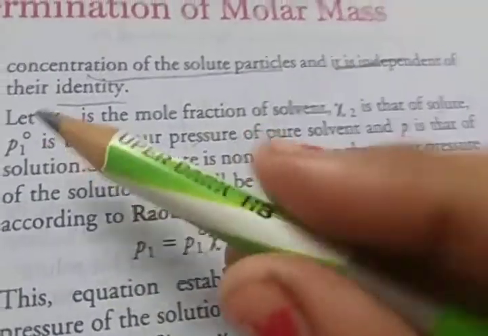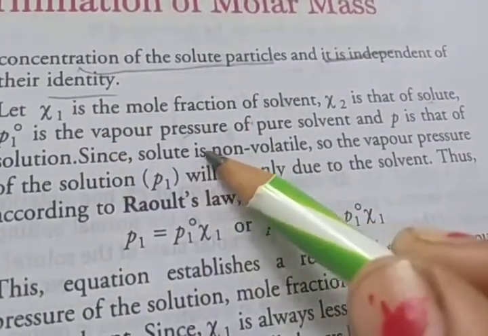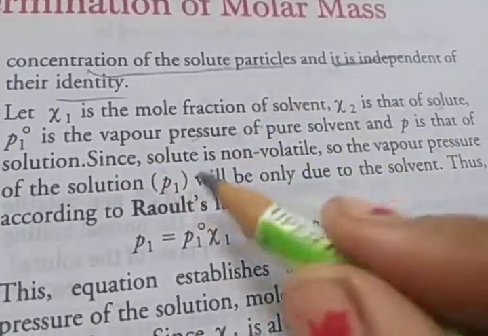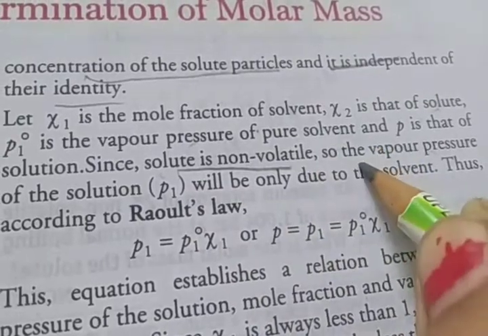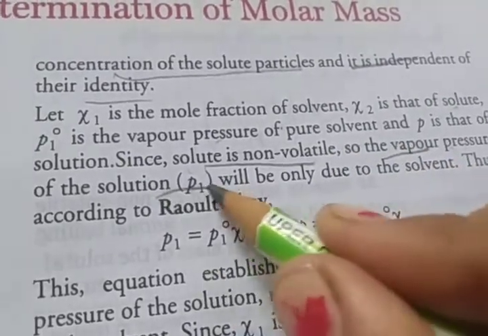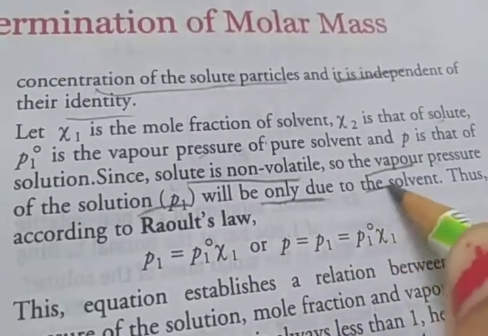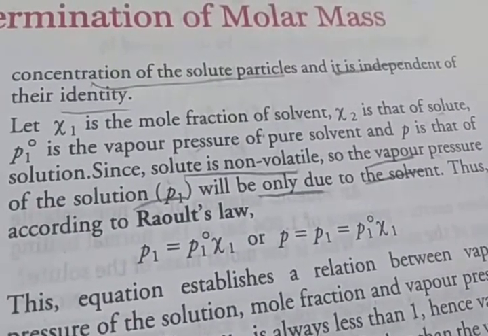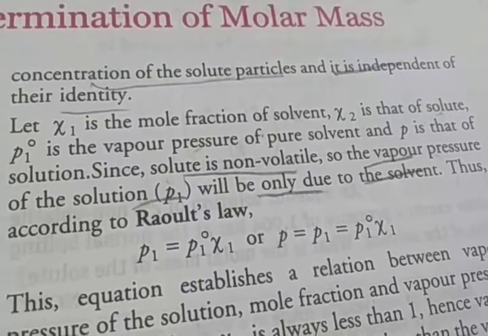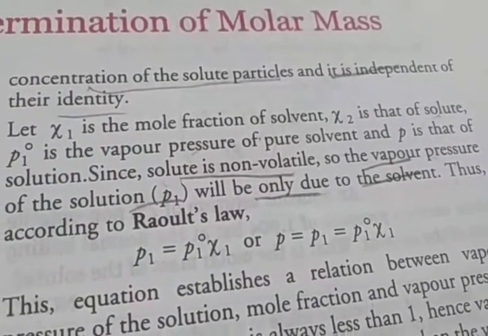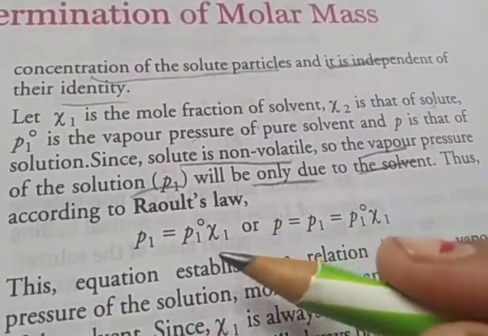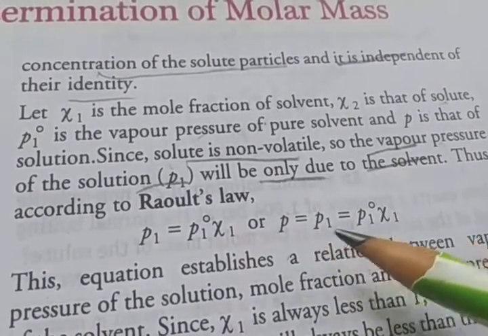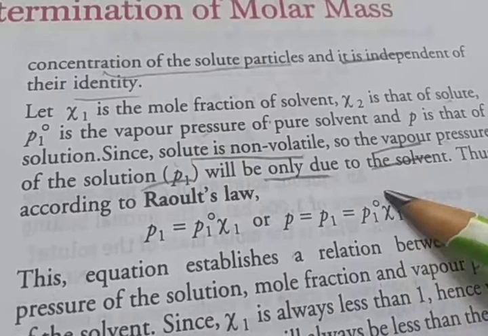P1° is the vapor pressure of the pure solvent and P is that of the solution. Since the solute is non-volatile, the vapor pressure of the solution P1 is only due to the solvent, which is volatile. According to Raoult's law, P1 = P1° x1, so total P = P1 = P1° x1.